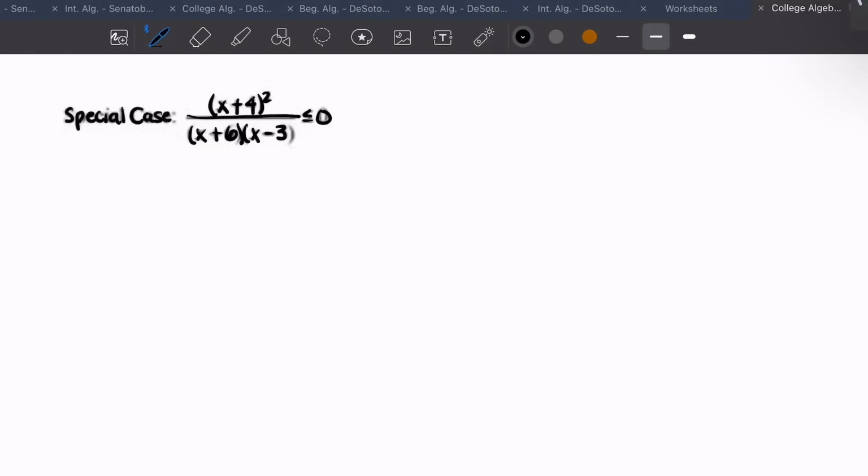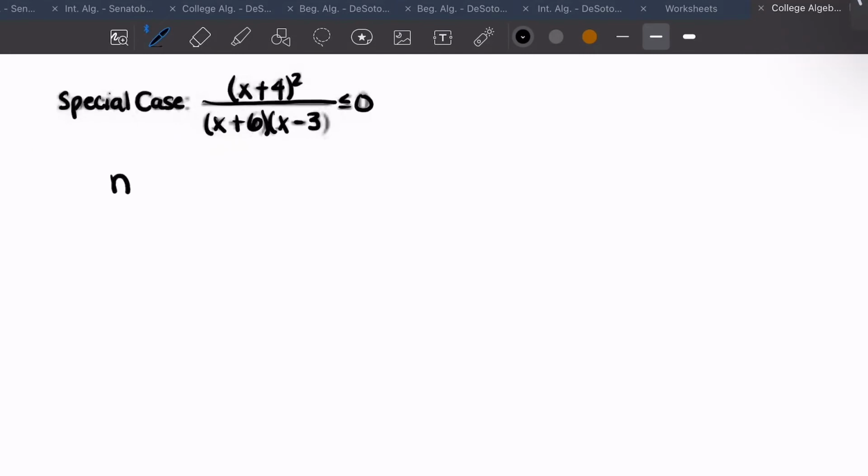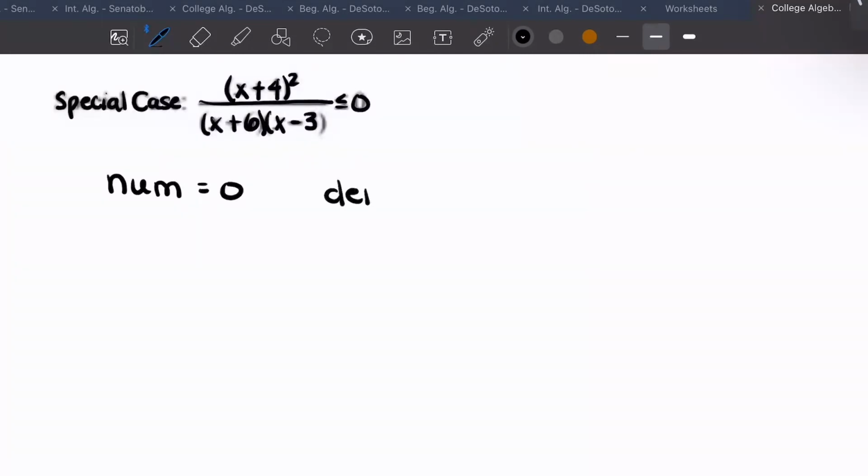All right, so this is in standard form. It's factored, right? We're good. All right, numerator and denominator equal to 0. Okay, all you want is when this equals 0.